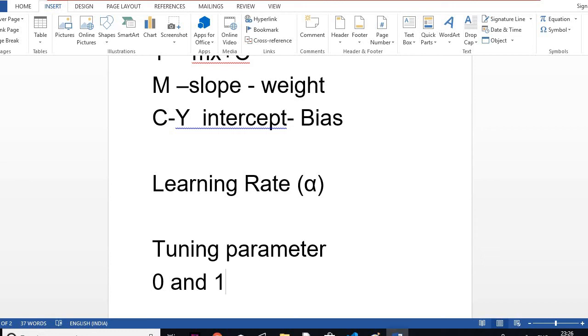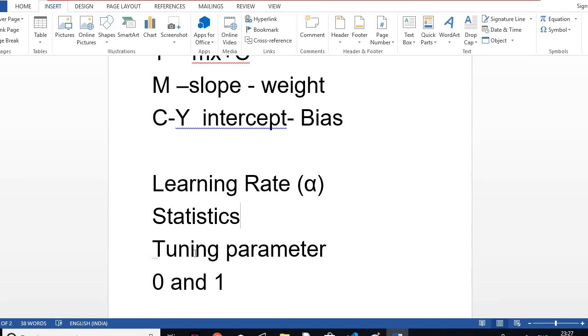It is a term we define in statistics and data science; it actually originated from statistics, and it is denoted by the letter alpha. In machine learning and statistics, learning rate is a tuning parameter in gradient descent or in any optimization algorithm.